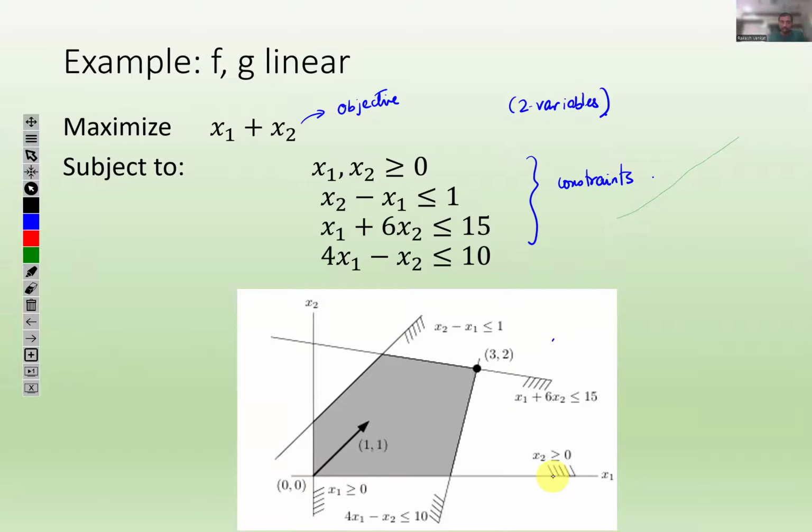You have x1, x2 greater than 0, so it lies in the positive orthant. Then you have linear constraints. For instance, x2 minus x1 is less than or equal to 1, which corresponds to one side of a half space, the area below. The second constraint says x1 plus 6x2 is less than or equal to 15, which is this.